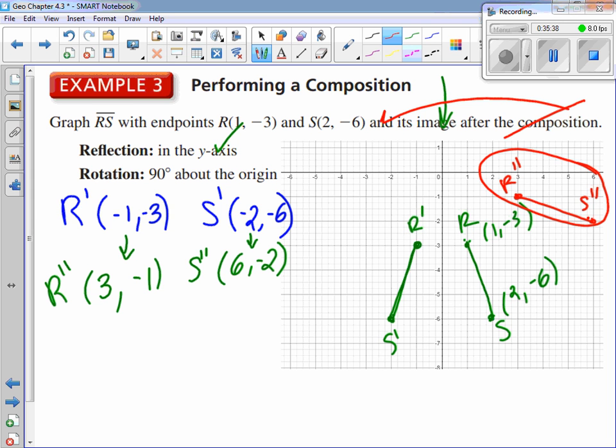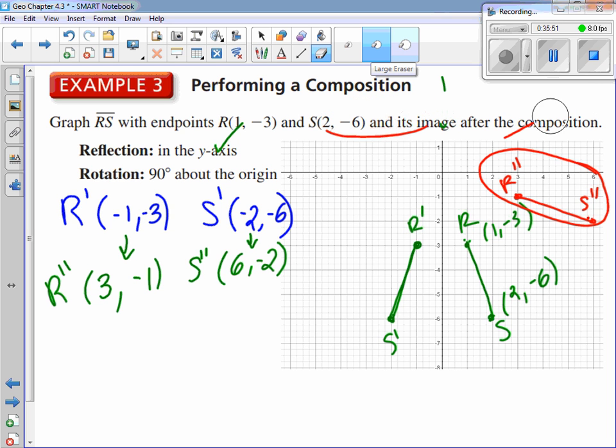Reflection across the y would put it over here. So order matters for this one here. For reflections and translations, it didn't make a difference, but rotations do matter. Any questions on any of this here? Are we good with this one here? Yes?